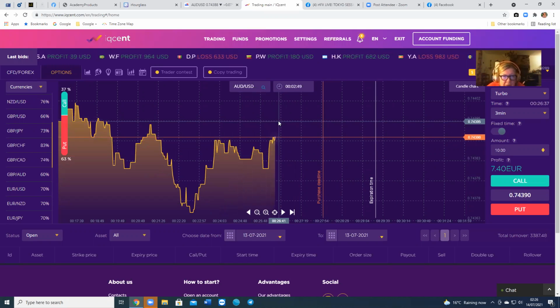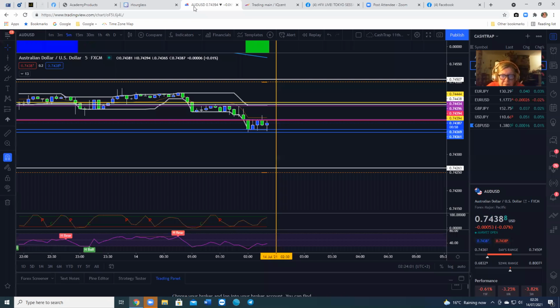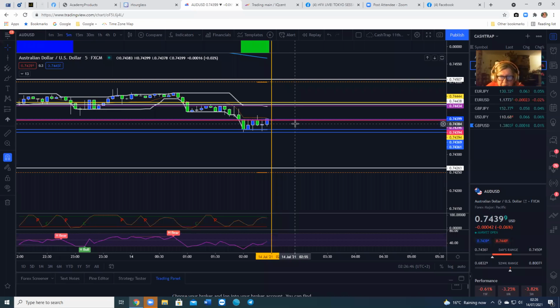Got 395. Just tapping that now. It's just gone through my 5-minute and my 15-minute, but it's still in that zone. It does say hidden there. Oh, look at that, 414. I had 412.